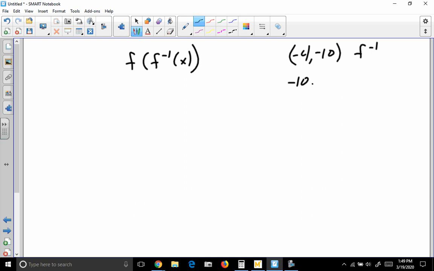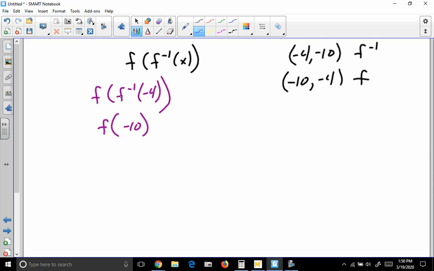And when we put -10 in, we got -4 for the regular function. So let's evaluate this for the x value -4. Remember how composition works. We do the inside first. So substitute -4 into f inverse. And when we put -4 into f inverse, that's -10.